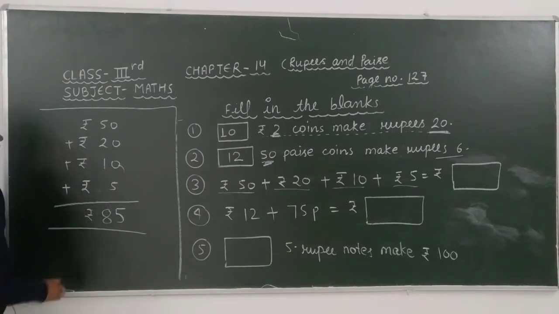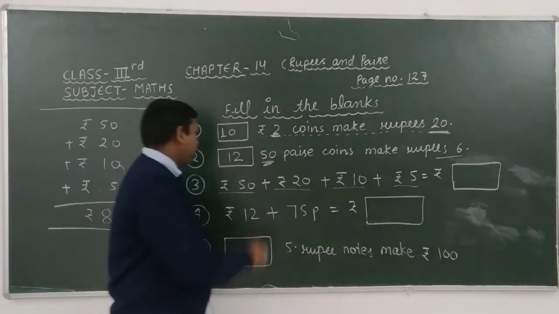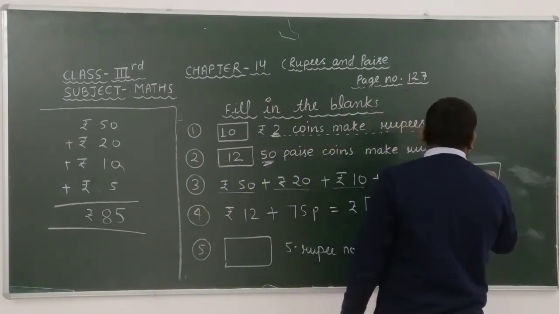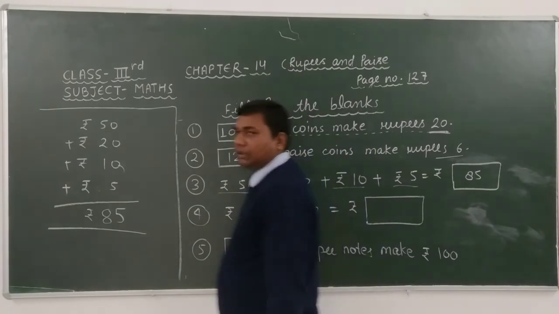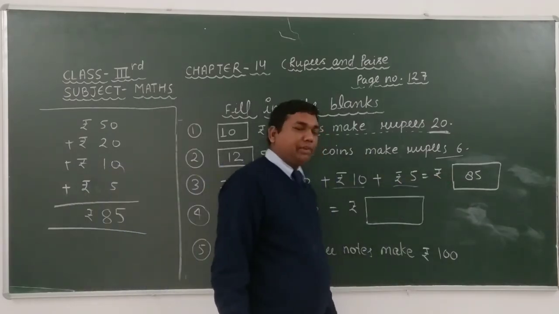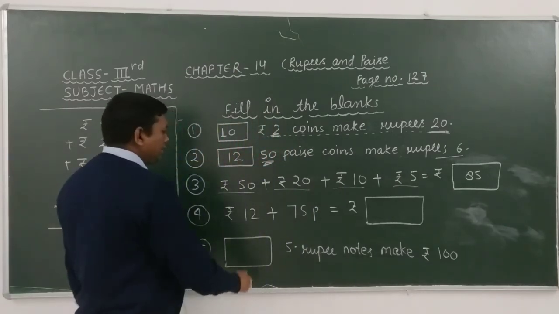It means that after adding the given rupees, we get rupees 85.